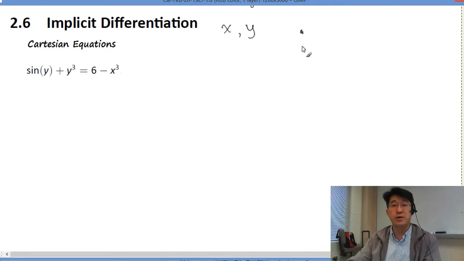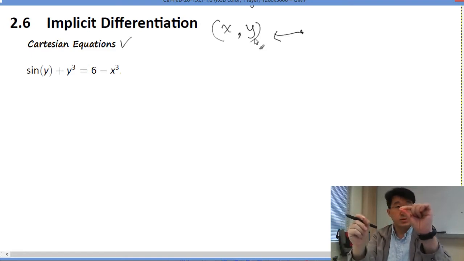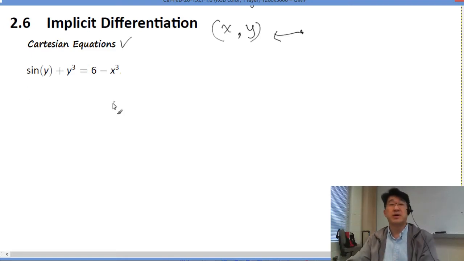These are just one point in the xy coordinate plane. That's what that one's for. Like that, right? Make sense? 1 comma 2, 3 comma 5, those x and y, not function variable. That's Cartesian coordinates. A Cartesian equation means the xy coordinates that satisfy this equation.